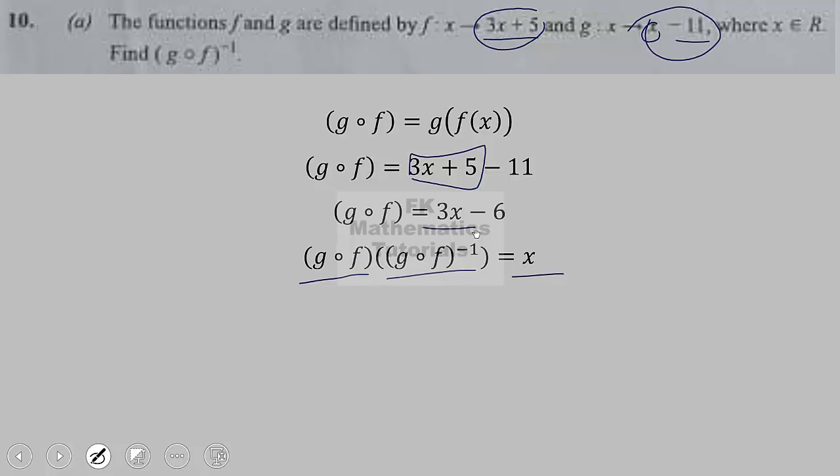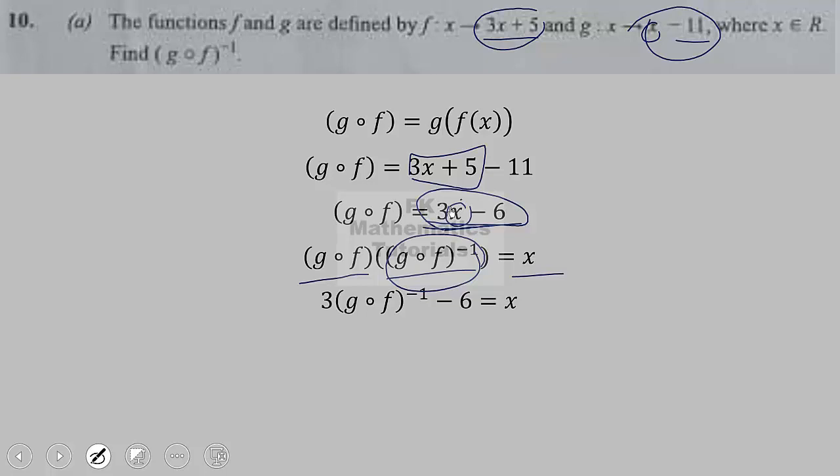So this is our g circle f of x, or g circle f. It means g circle f inverse will now become an input for g circle f. So we will replace the x here by g circle f inverse.